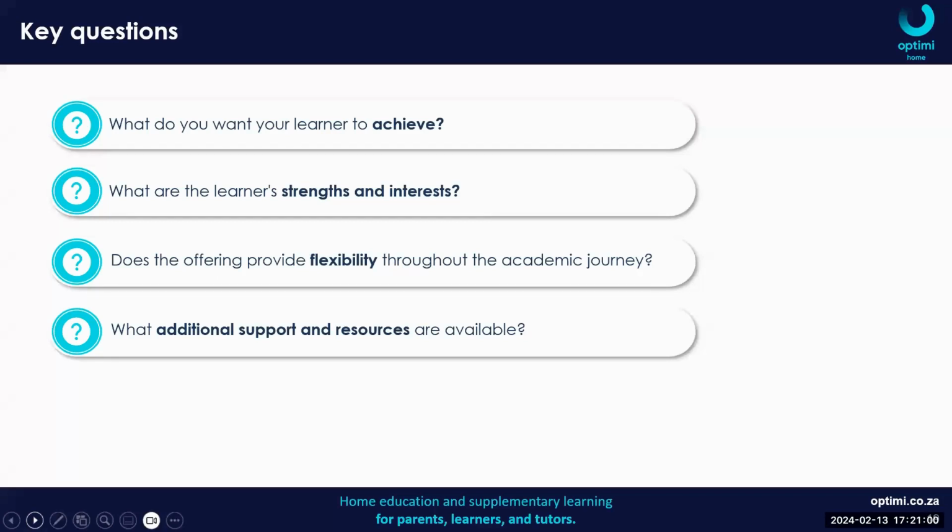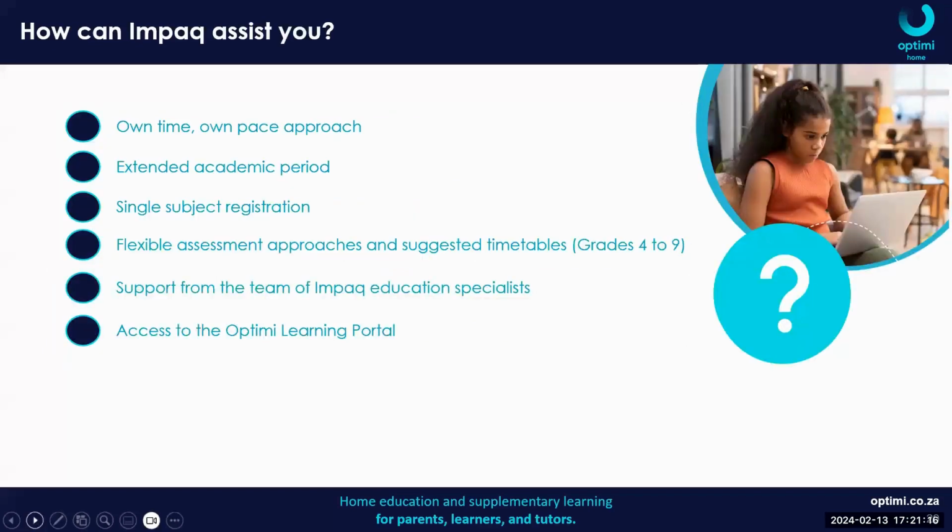And the moment that they're in a smaller setup, when they're with their parent, and that one-on-one attention does play a massive role, suddenly they are able to cope with the work that they are presented with. And also the additional support and resources that are available in terms of home education do look different from what you would have in a normal schooling environment.